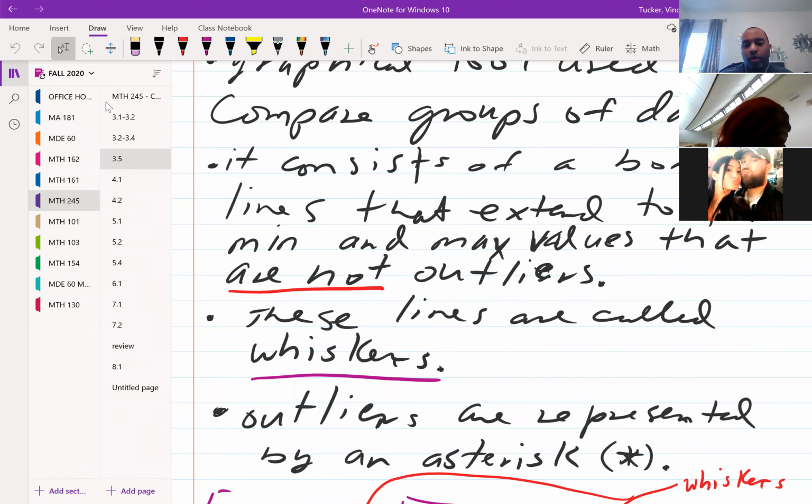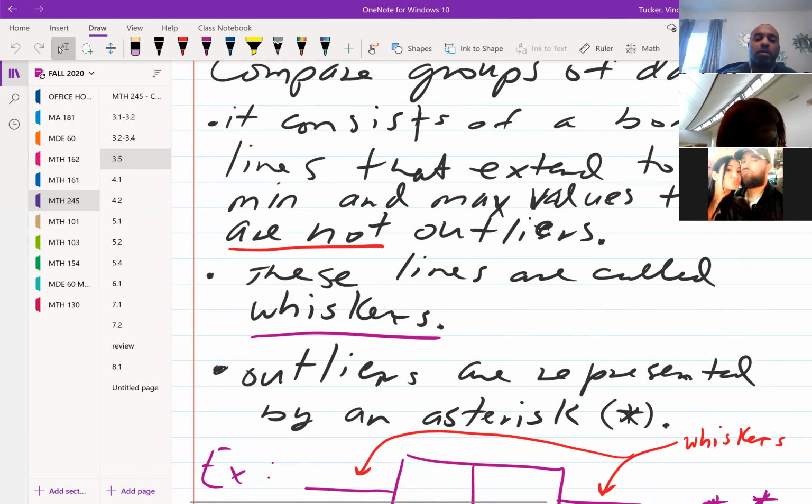The outliers are represented by an asterisk. So remember, our lines are not going to extend to the outliers, but you will have asterisks there that represent the outliers in your box plot. All right.